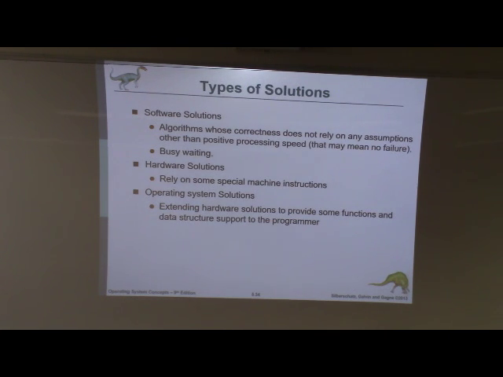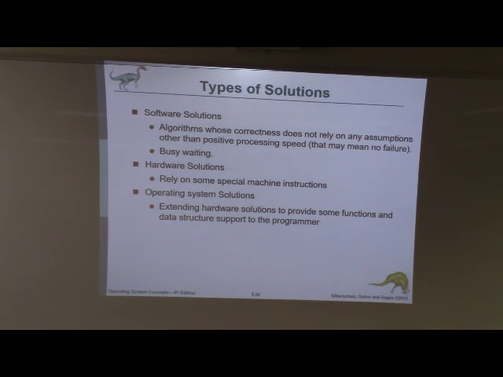So there are three types of solution. One is the software, as we learned, algorithm 1, algorithm 2, Peterson solution, and so on. We implemented such entry and exit sections using software code. So that is the software solution. Most of the software solutions need busy waiting.